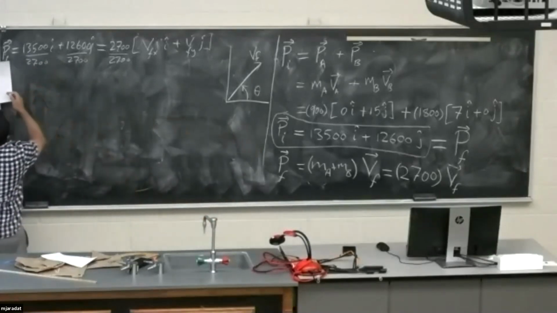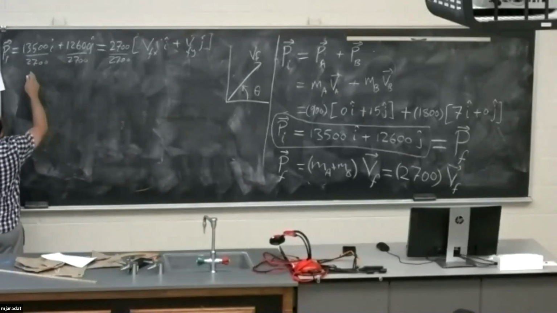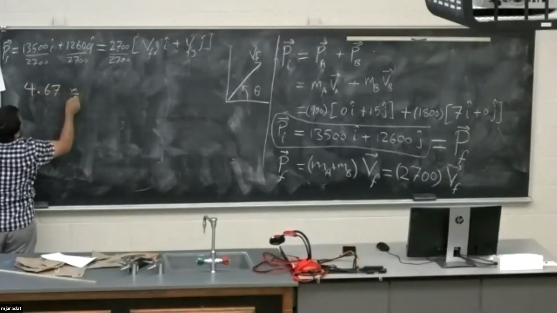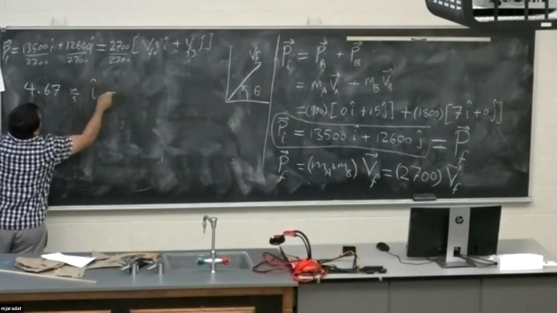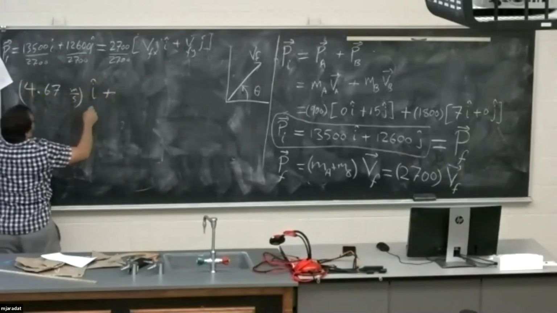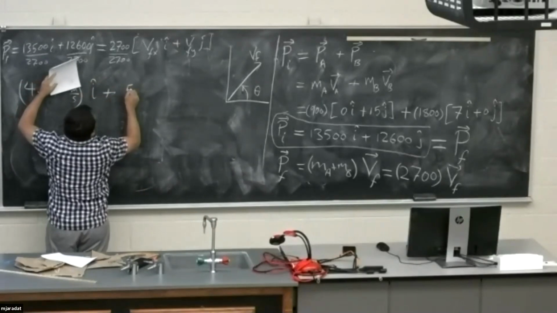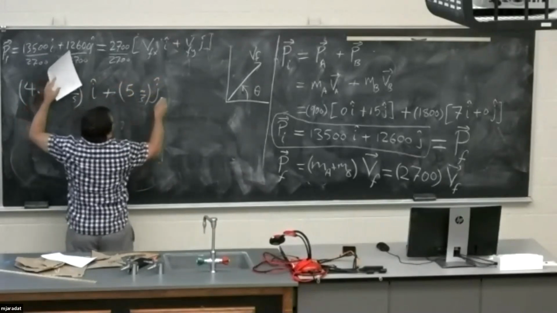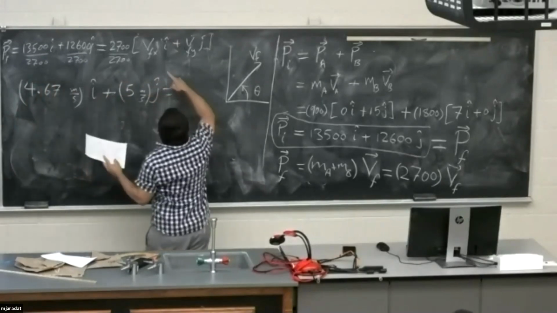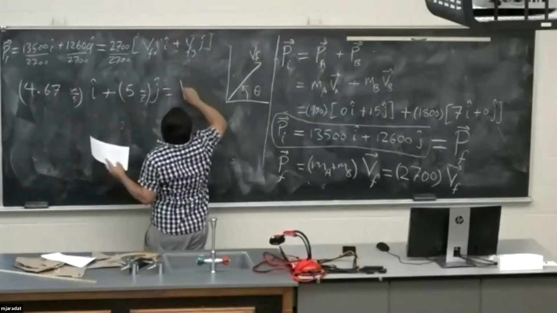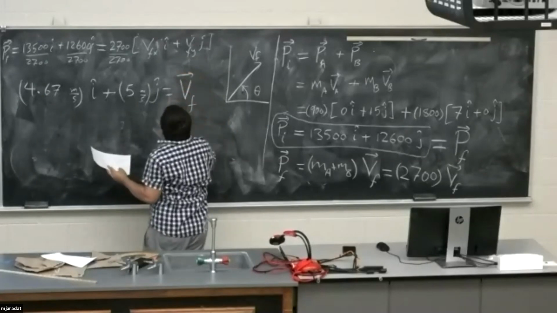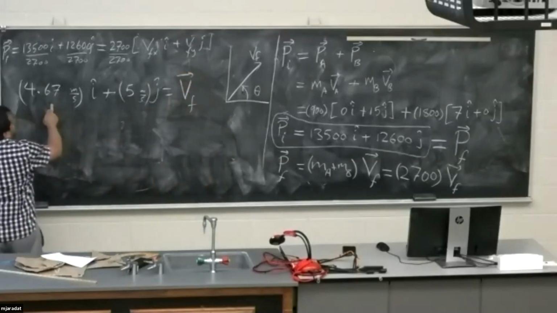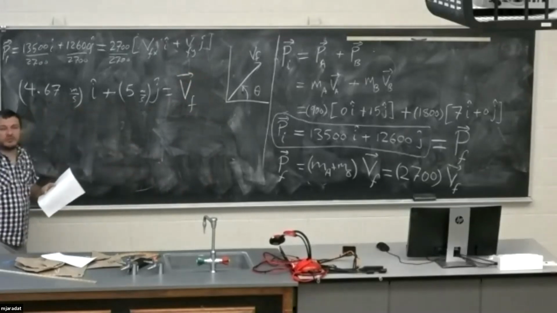After dividing, you have this over this will be equal to 4.67 meter per second I hat plus 5 meter per second J hat. This is equal to V final. This is V final in X direction, this is V final in Y direction.